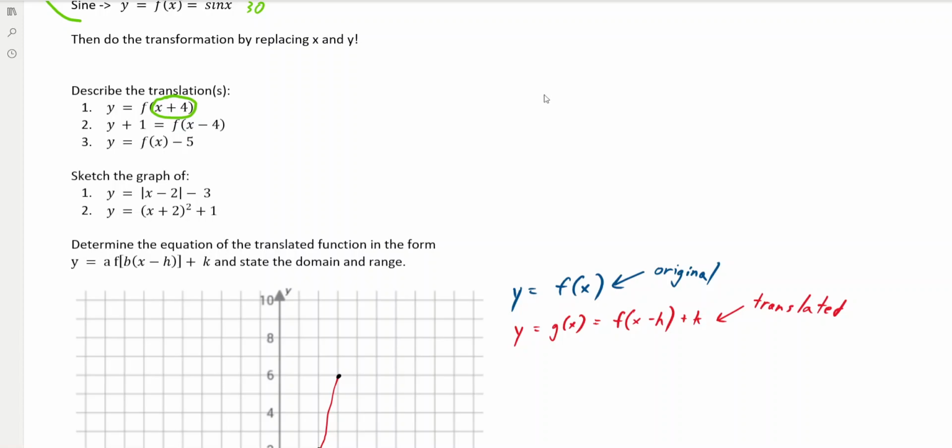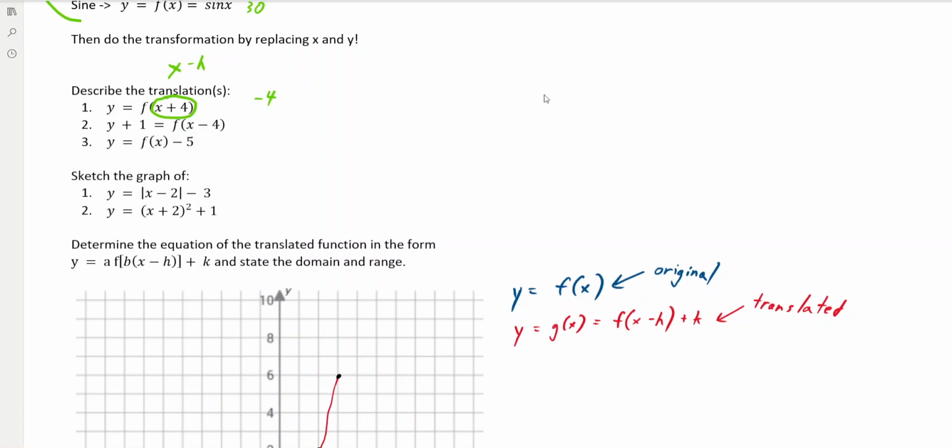Since it should be x minus h, that means we're going to flip the sign, and that's the direction it's going to move. So it's like moving 4 to the left. Another way to think about this is that whatever value of x you required before to get that value of y, you now require 4 less to get the same value of y as before.